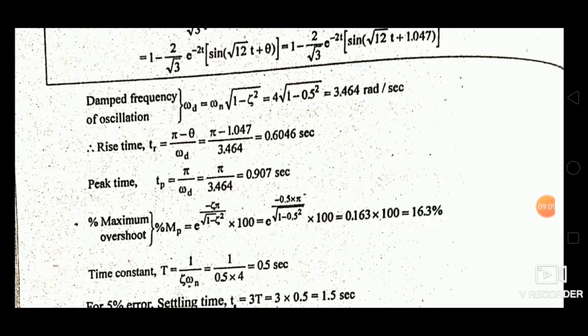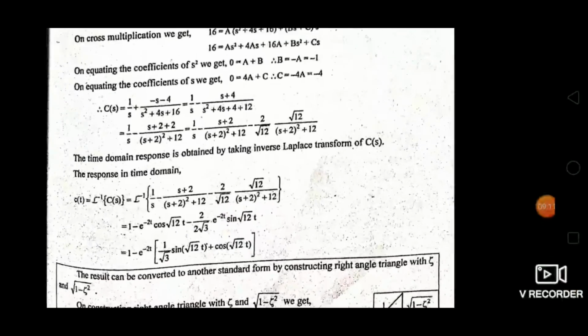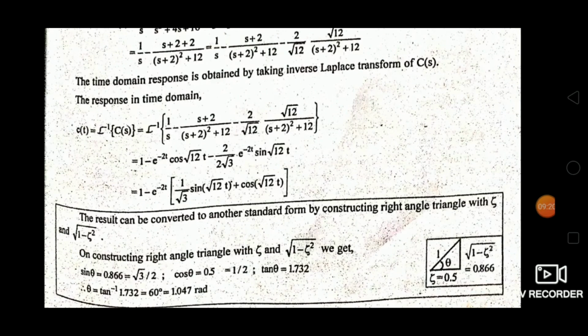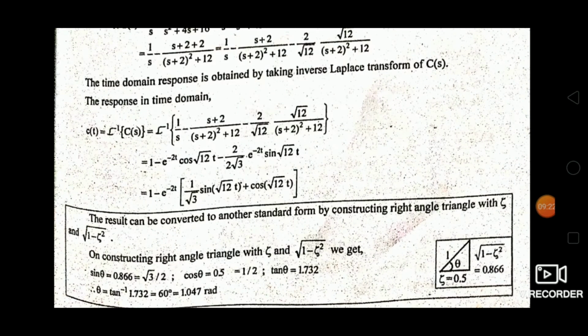How to find the theta value? Zeta is already known, root of 1 minus zeta square is already known, and cos theta value is 1 by 2. So from this, root of 1 minus zeta square is 0.866, and tan theta is equal to 1.732.